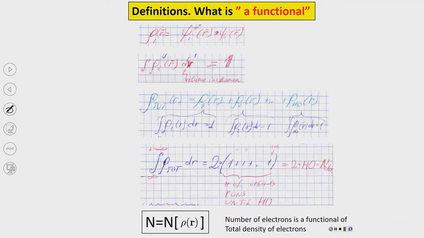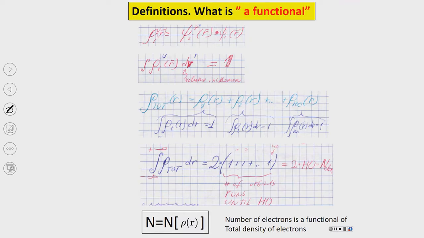The procedure that converts one number into another number is a function. If you do y as a function of x, for 1 x you have 1 y. But if instead of 1 x you have like 1000 x's, but you still get 1 y, this is called a functional. An example is here. You integrate your total charge density and you get the number of electrons.